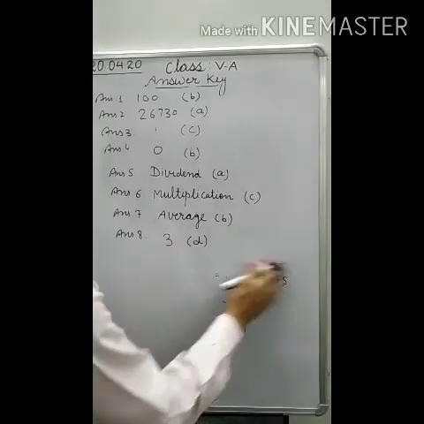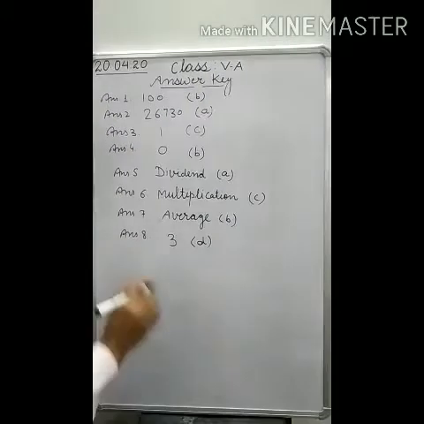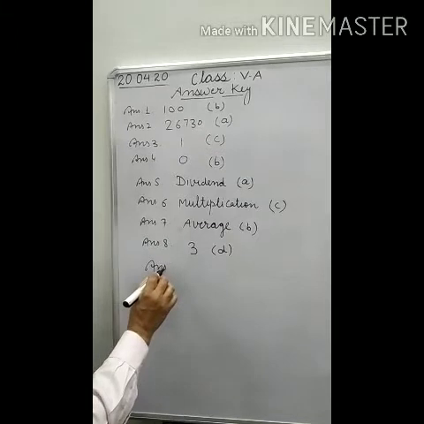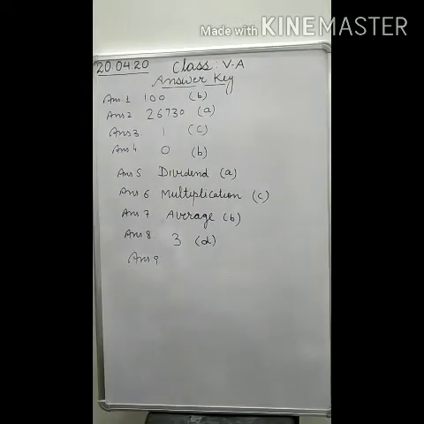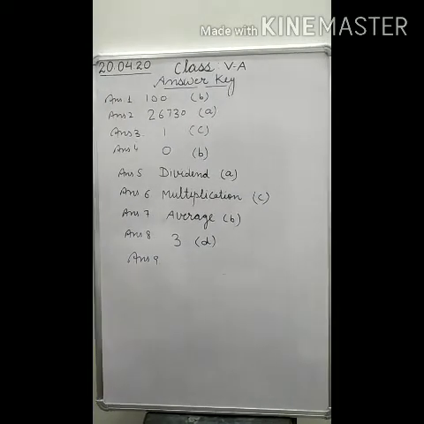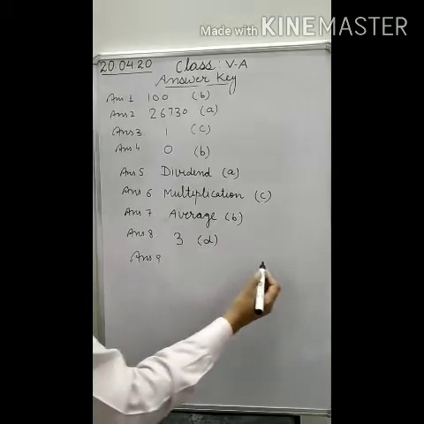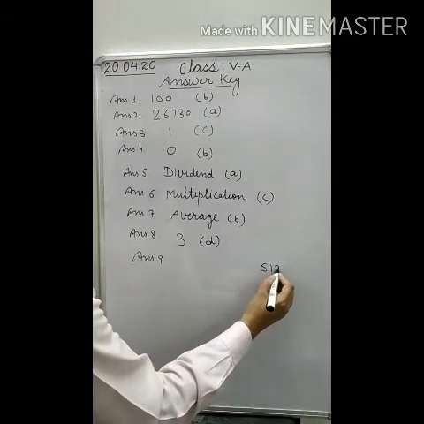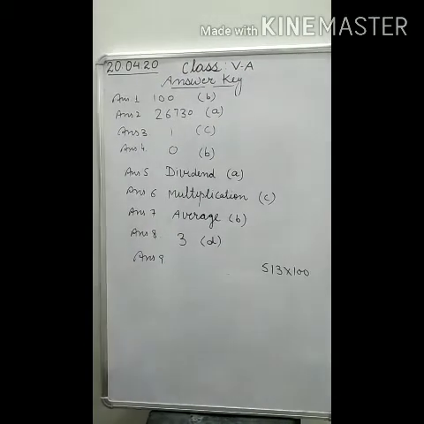Now come to the next question, answer number 9. Just read the statement of this question. Here you have been given 513 multiplied by 100. You know the general rule for that.